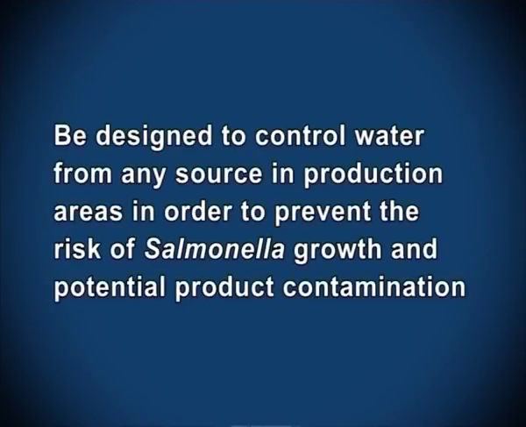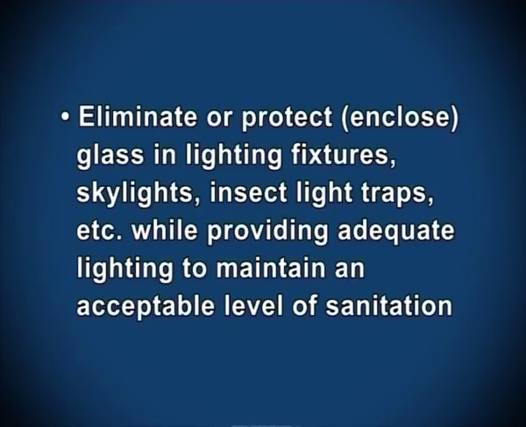Be designed to control water from any source in production areas in order to prevent the risk of salmonella growth and potential product contamination. Eliminate or protect or enclose glass in lighting fixtures, skylights, insect light traps, etc., while providing adequate lighting to maintain an acceptable level of sanitation.